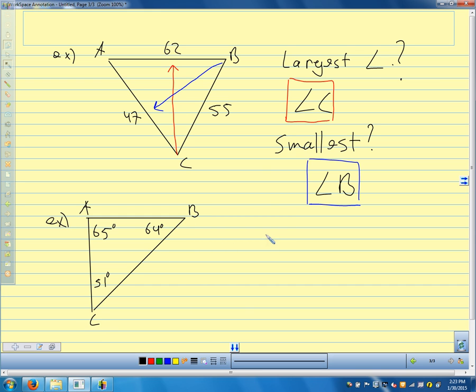Make a list in your notes. Everybody write this down. Shortest to longest side. So looking at that triangle, make a list. Rank your sides shortest to longest.